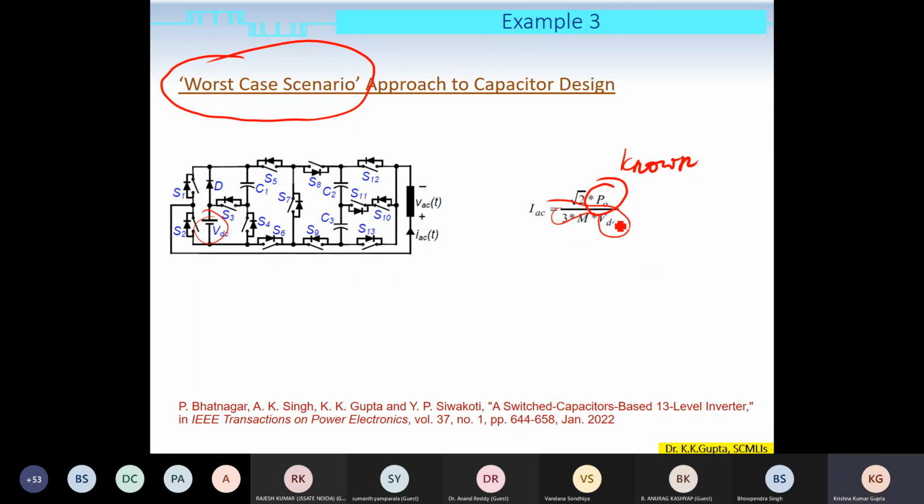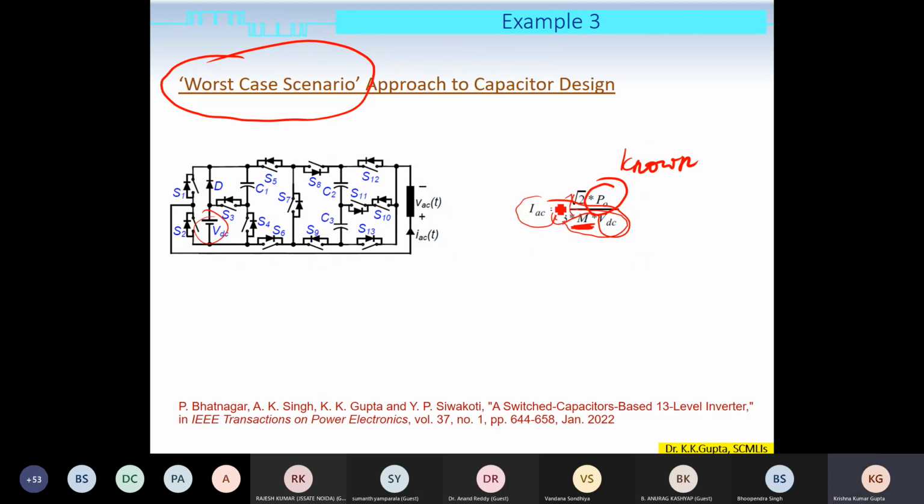So I have multiplied 3 with this VDC. Based on the modulation index, the overall voltage will be reduced. So M comes into picture here, modulation index. So the peak value will be 3 MVDC, and the RMS will be obtained by dividing it with root 2, right?